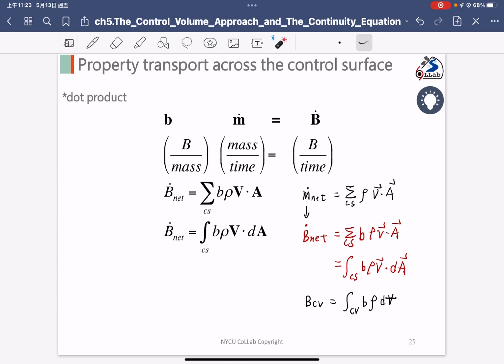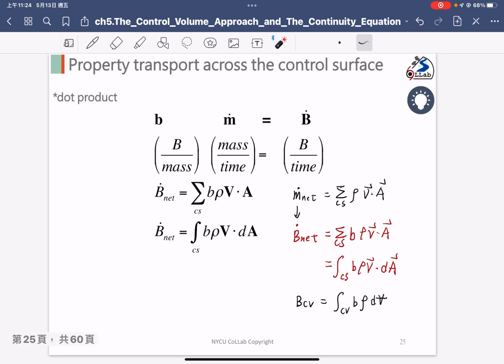But for the property exchange along the boundary, which is the control surface, we have the dot product. Okay, so both parameters are important in the following slides. We need to know that there is the rate of the extensive net along the control surface, and this is the extensive property inside the control volume. Okay, BCV and B net.